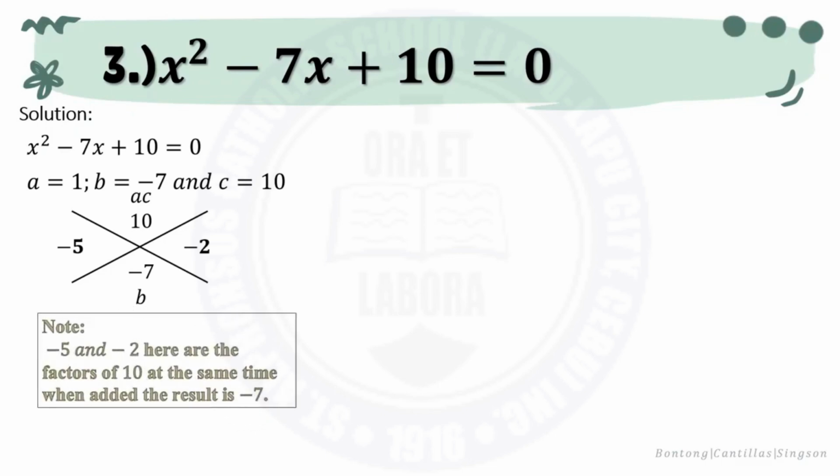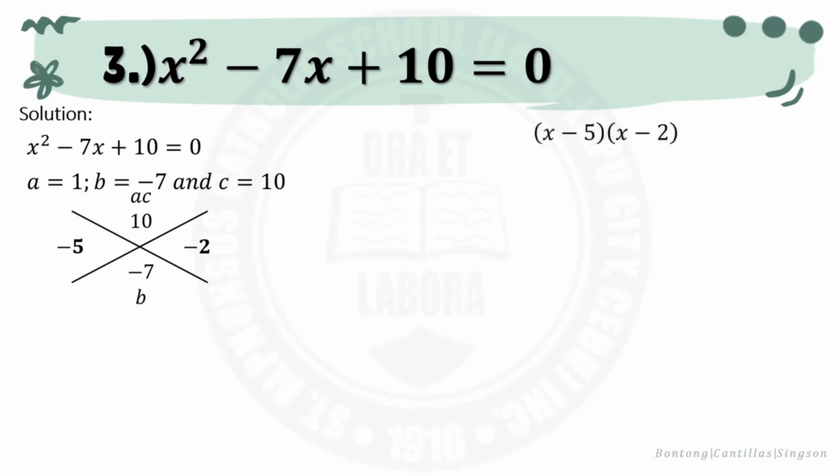So, take note that negative 5 and negative 2 here are the factors of 10, which is our AC. At the same time, when added, the result is negative 7. I repeat, negative 5 and negative 2 are the factors of 10 whose sum is negative 7.